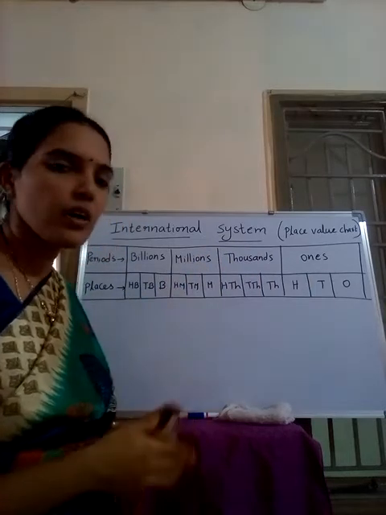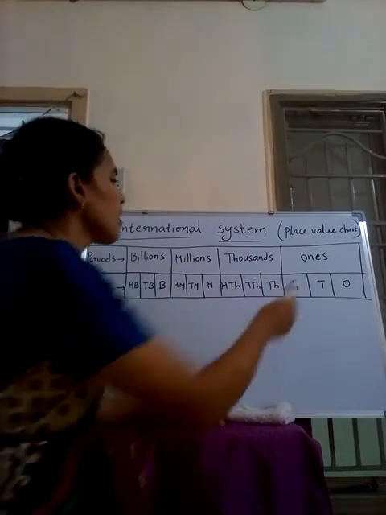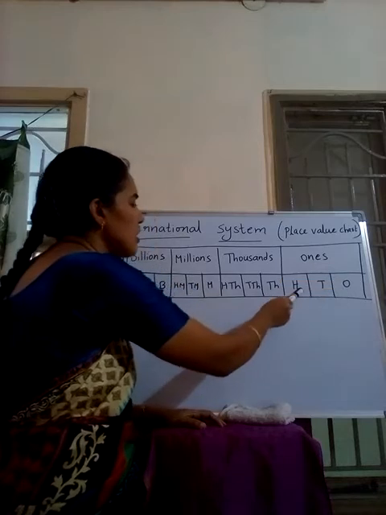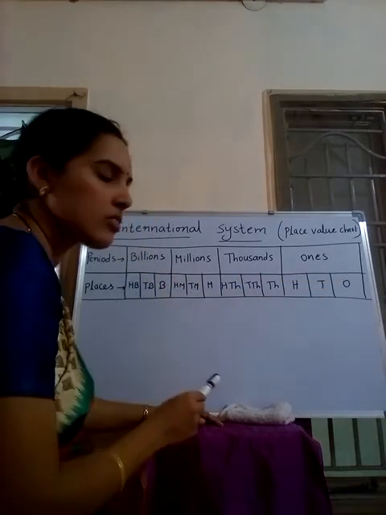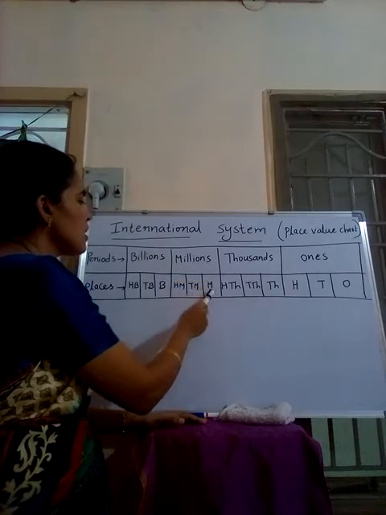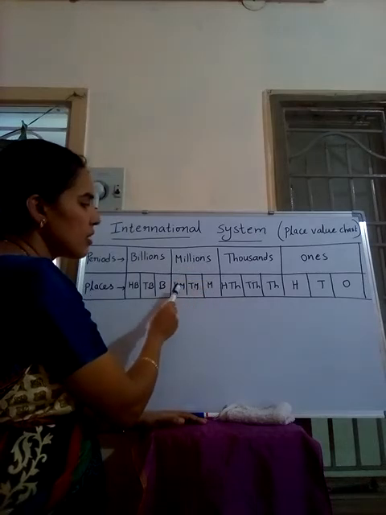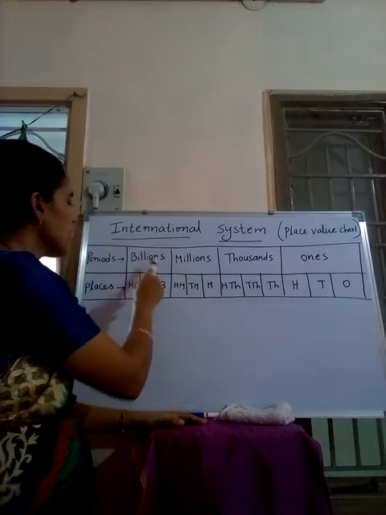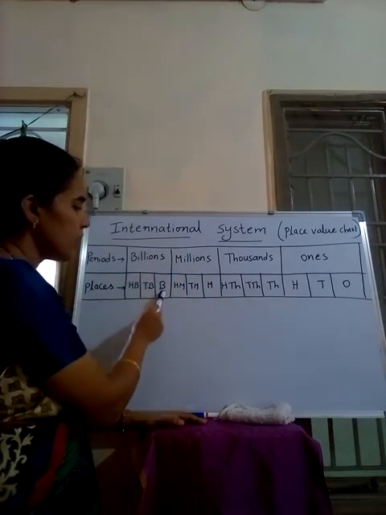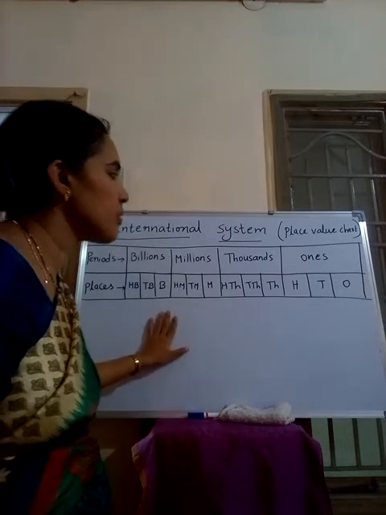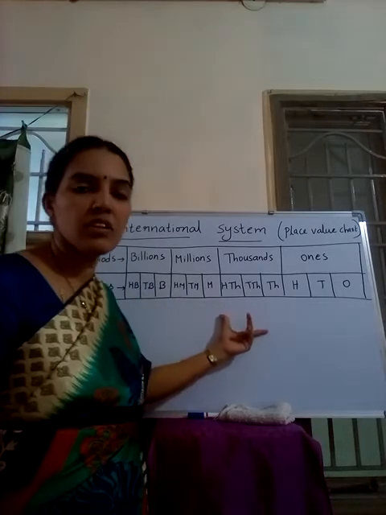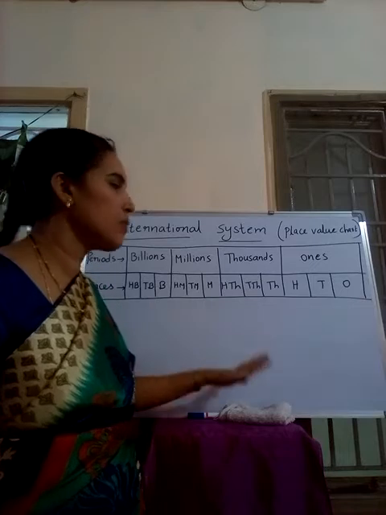Under ones period we have the places ones, tens, hundreds, and under thousands period, thousands, 10,000s, 100,000s, and then under millions period we have millions, 10 millions, 100 millions, and under billions period we have billions, 10 billions, 100 billions. That is, in this system in every period we have 3 places.